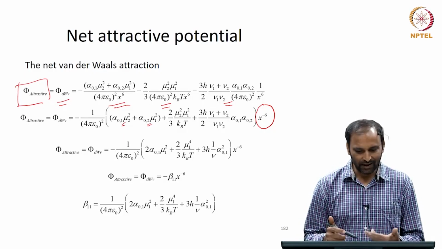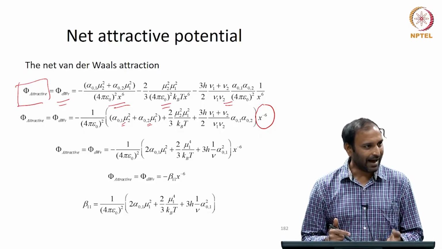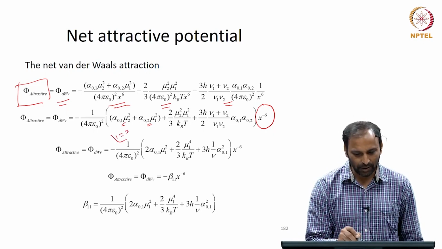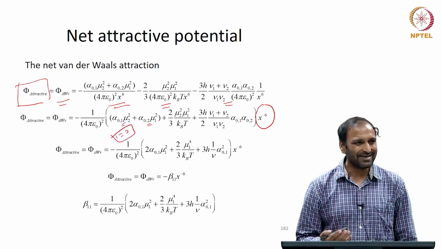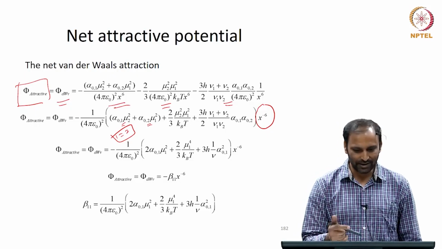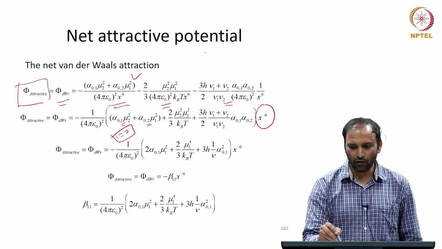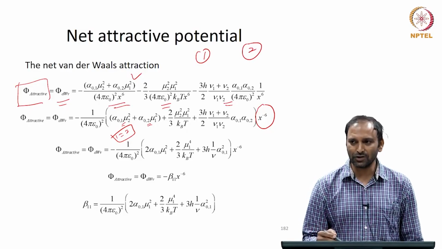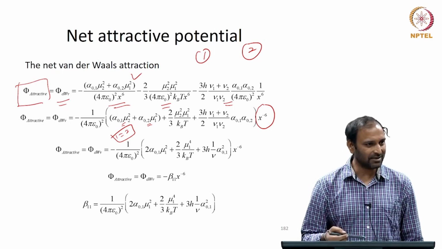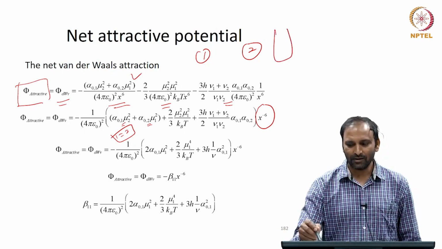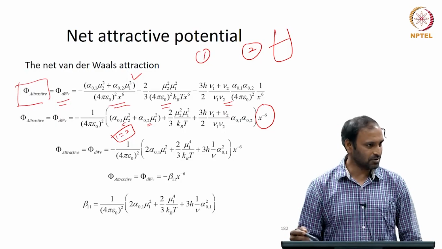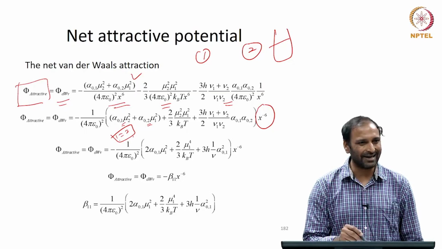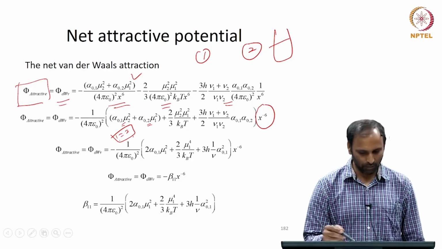This expression is for 2 atoms or molecules which are not identical. But if I have identical atoms or molecules, for example, the van der Waals interaction between water molecules in a container which has only water, then 1 is equal to 2, because you are talking about interaction between like atoms or like molecules.